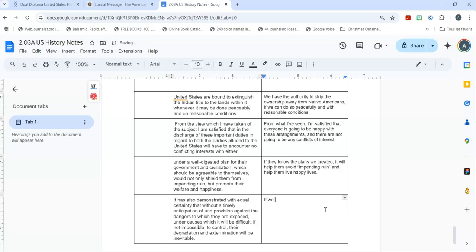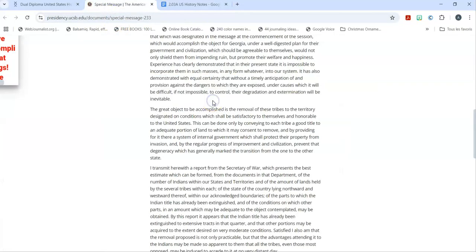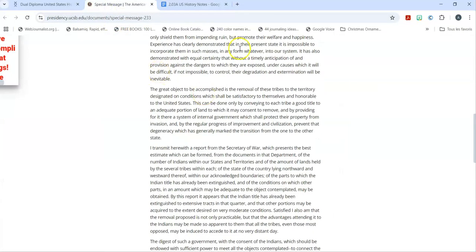So if we don't quickly move them somewhere else, they will be exposed to things that will cause their people to die and eventually for their tribe to become extinct. Basically is what he's saying. Like, your tribe is going to die out if you stay where you're at because you're going to be exposed to danger.